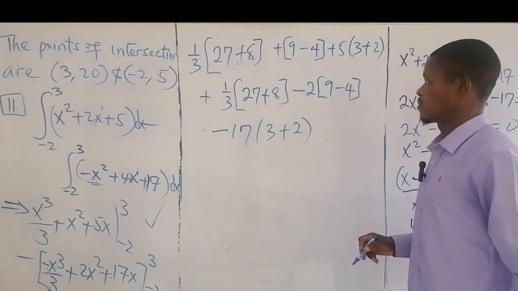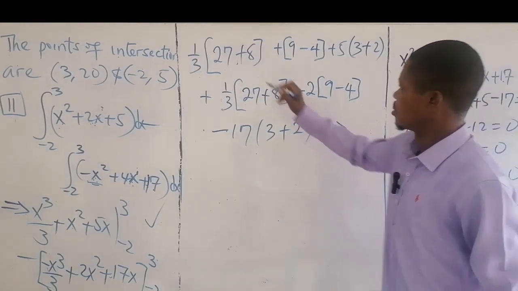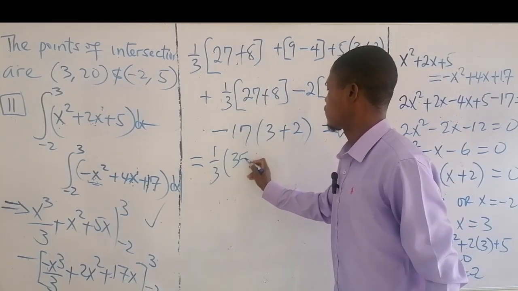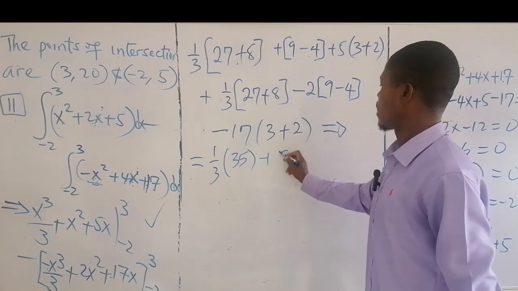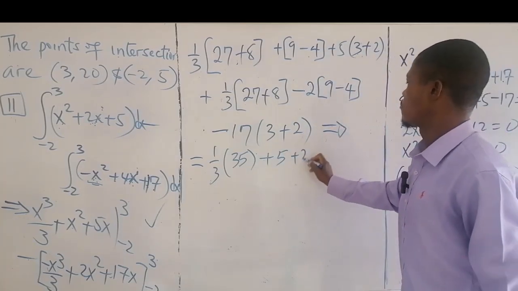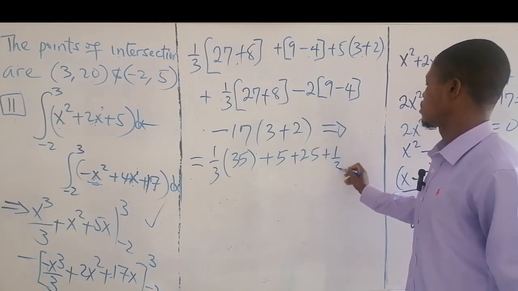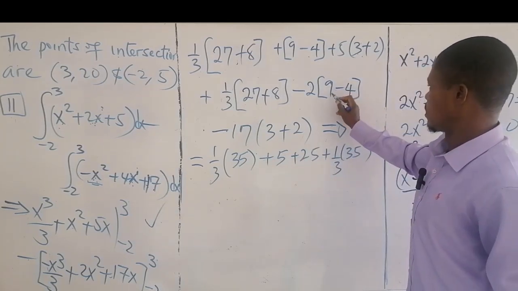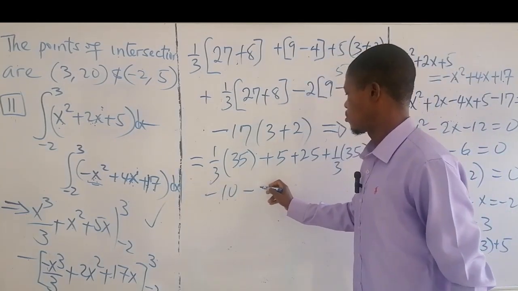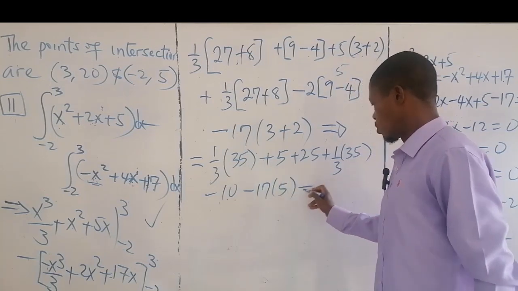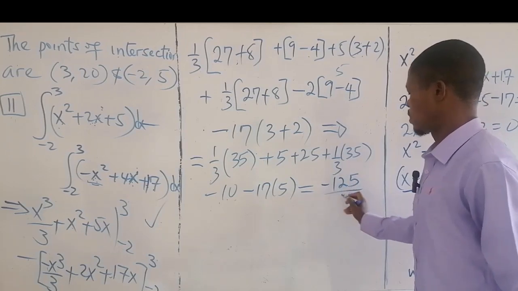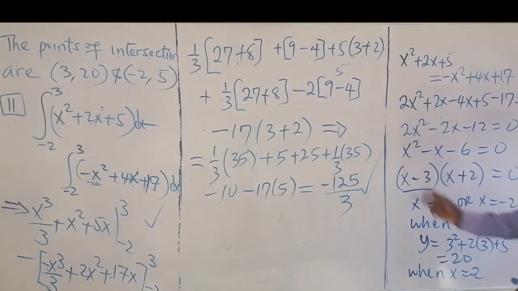So that's what we have for this place. To begin to do the algebra, this becomes 1 over 3 times 35 plus 5 plus 25, plus 1 over 3 times 35, minus 10, then minus 17 times 5 equal to. If you do all this, that will give you minus 125 over 3.